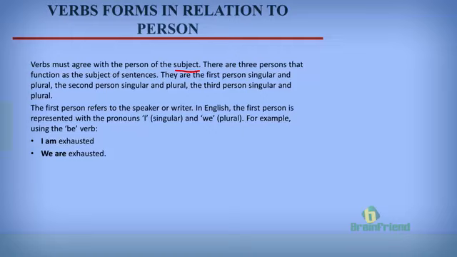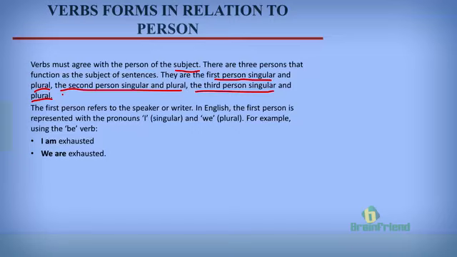These three persons exist in our day-to-day writing. And then we have the first person singular and plural, the second person singular and plural, the third person singular and plural. So basically we have three persons, but these three persons are broken down further into singular or plural.